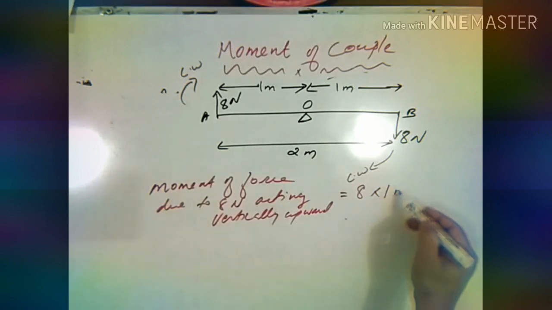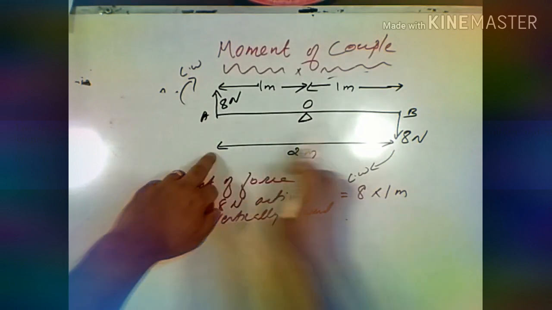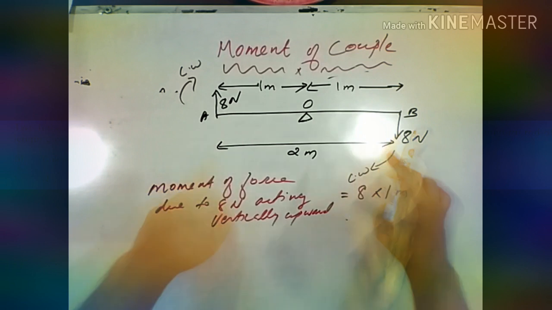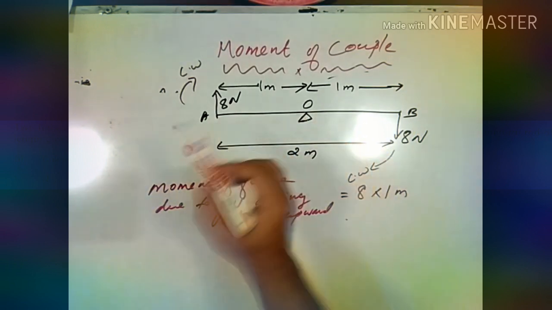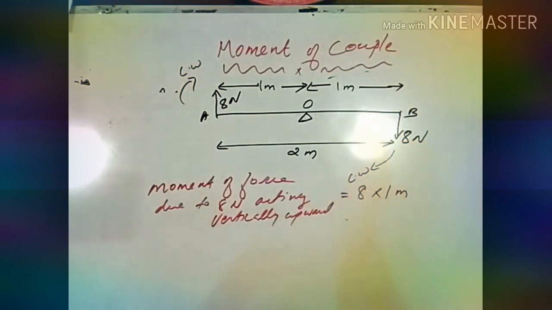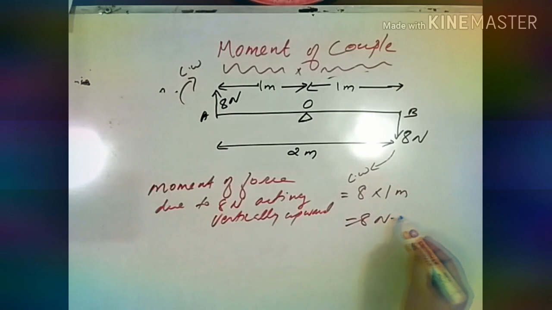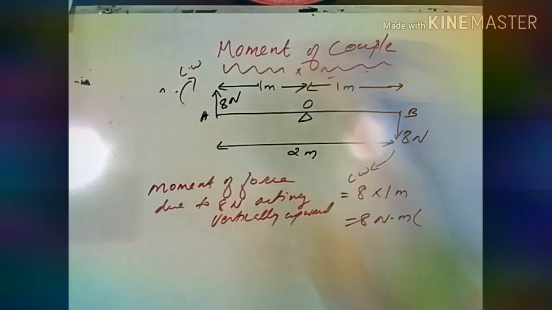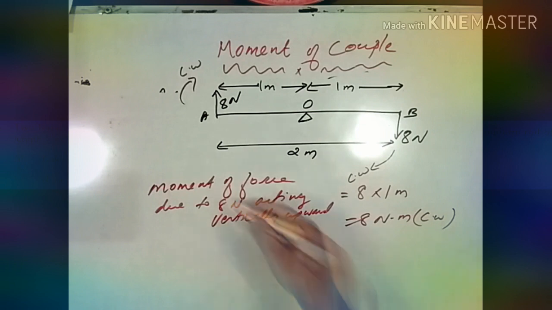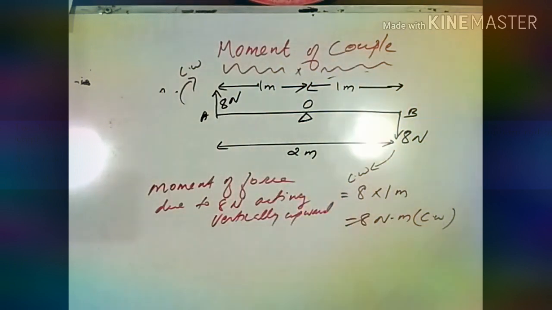That is 1 meter. You can see the couple arm is 2 meter, and from O to A it is 1 meter, and O to B it is 1 meter. So 8 into 1, that we call 8 Newton meter. What is the direction? Clockwise. It produces a moment of force 8 Newton meter in clockwise direction.